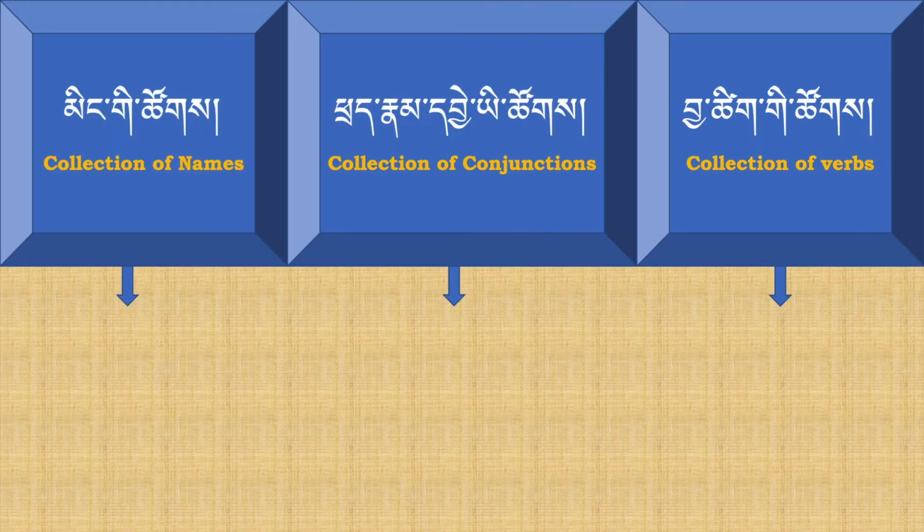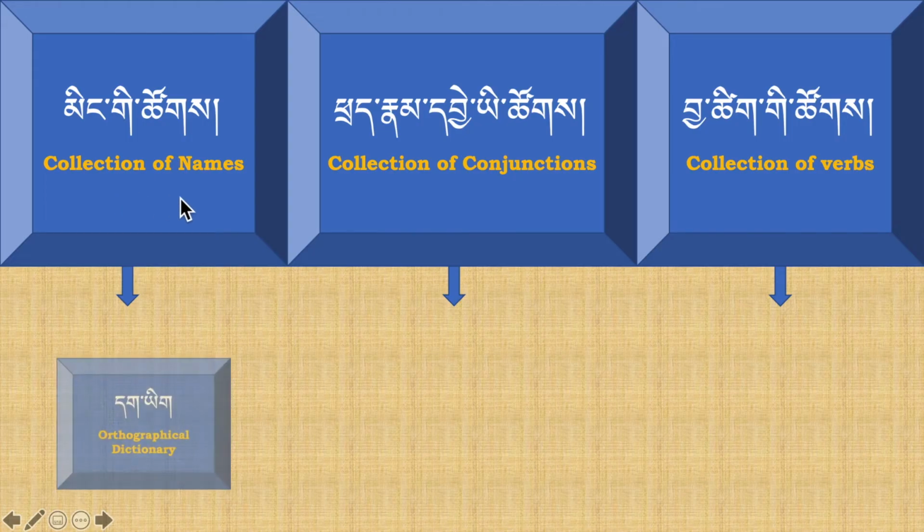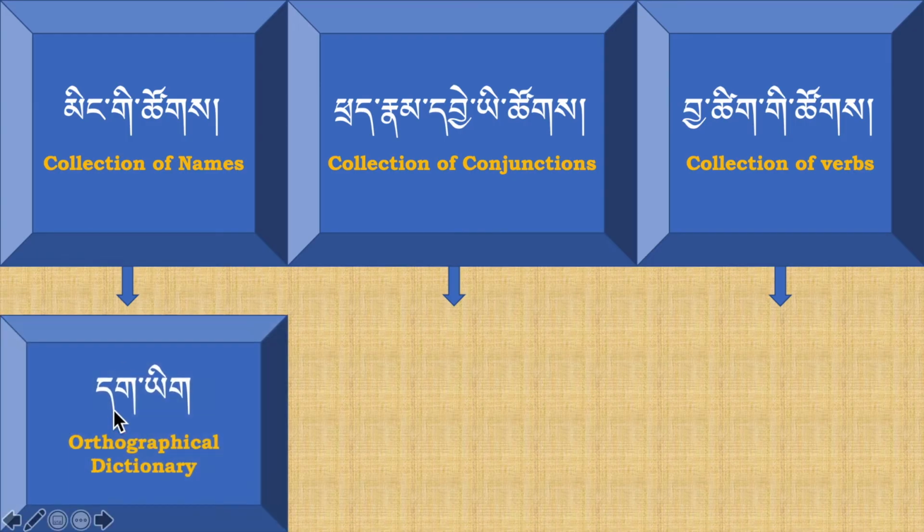In order to improve these three, the first is Mingi Tsok, collection of names. If we want to improve and learn more of this, we have to learn Tagyik, the orthographical dictionary. That is how I got the literal translation in English, but Tagyik is a bit like spelling.